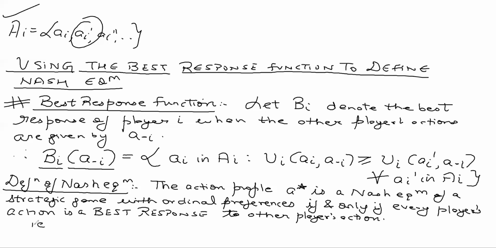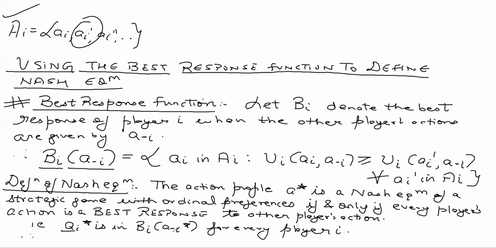That is, I can say that a_i star lies in B_i of a minus i star for every player i. So what I can say is, therefore a_i star lies in B_i of a minus i star means what?